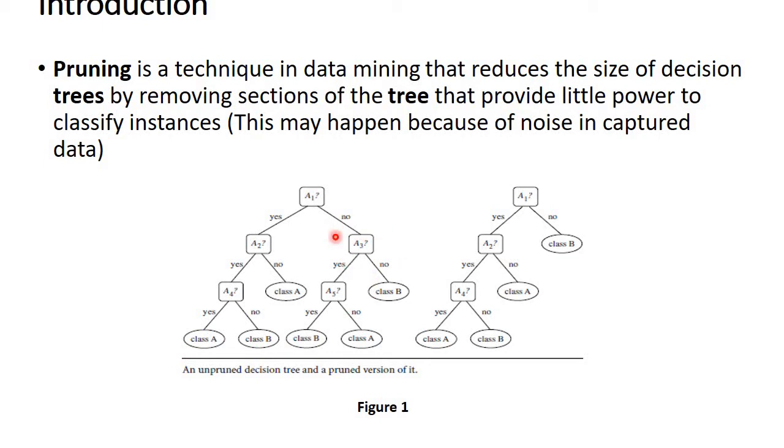So in this case, A3 has the maximum information gain among all the attributes, but A3 does not have information gain more than 0.4. So in that case, the construction of the tree is halted here.